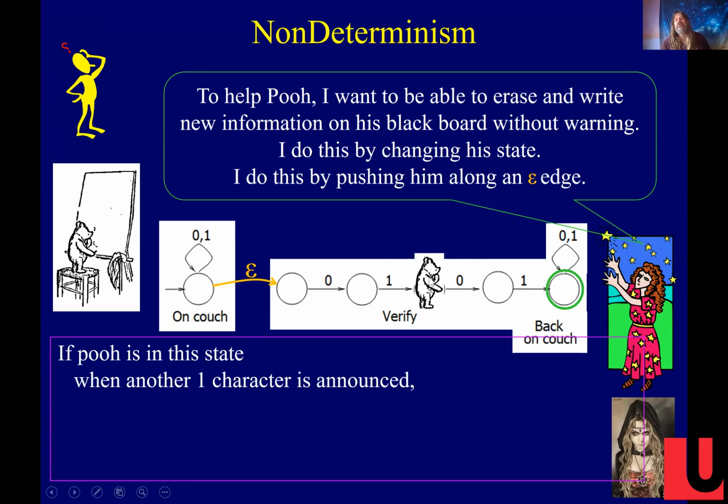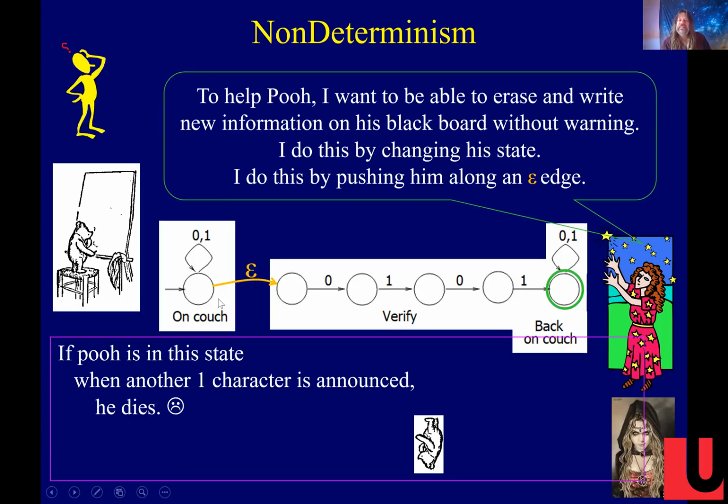So what happens if Pooh Bear is in this state here, and the next character that's announced is a 1? You'll say, uh-oh, there's no edge leaving here on a 1. So we're just going to assume that he dies. That's Pooh Bear dying. You will like my Pooh Bear dying. Everybody follow that?